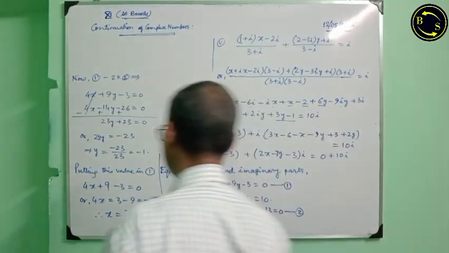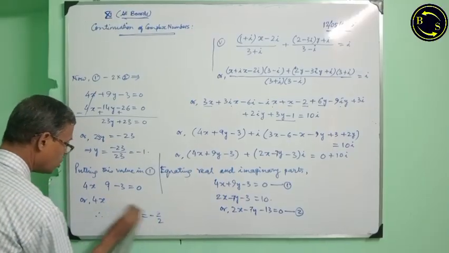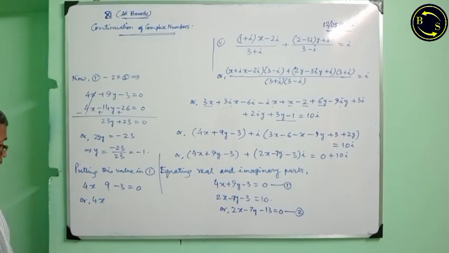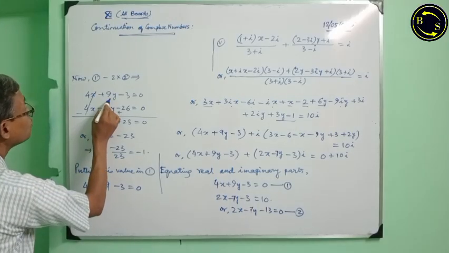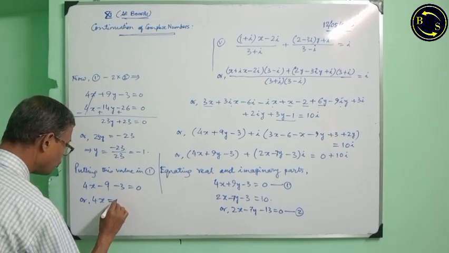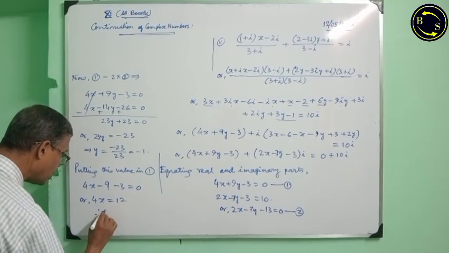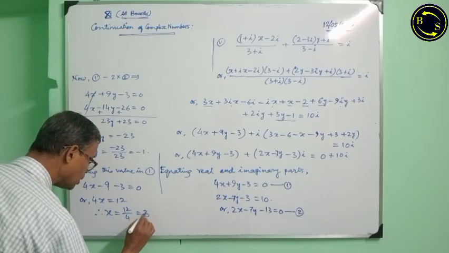Let me rectify. 4x minus 9, sorry, 9 into minus 1, minus 9. 4x equal to 12, therefore x equal to 12 by 4, that is 3.